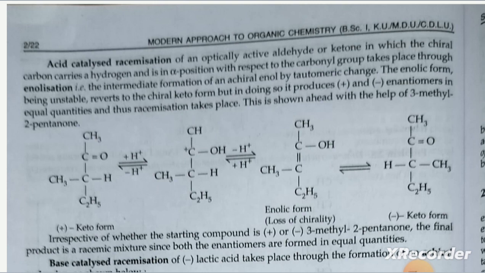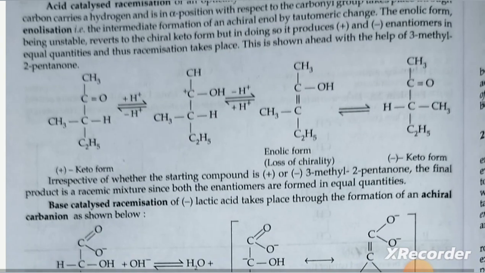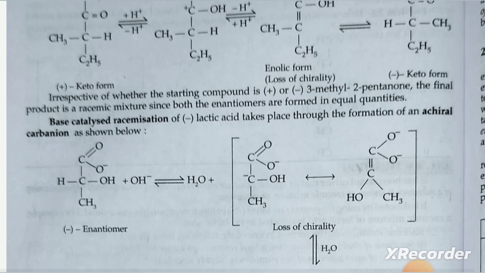The enolic form, being unstable, reverts to the chiral keto form, but in doing so it produces plus and minus enantiomers in equal quantities, and thus racemization takes place. This is shown ahead with the help of 3-methyl 2-pentanone. Irrespective of whether the starting compound is plus or minus 3-methyl 2-pentanone, the final product is a racemic mixture since both the enantiomers are formed in equal quantities.